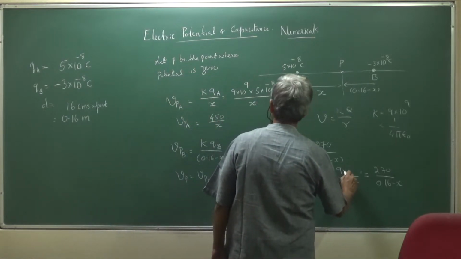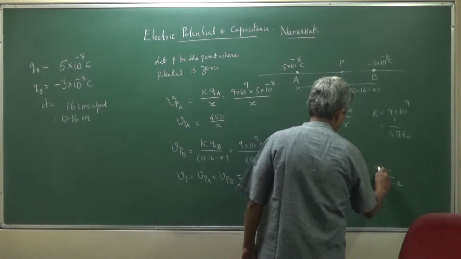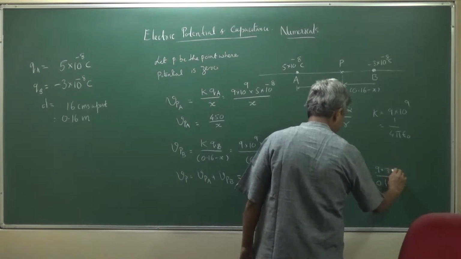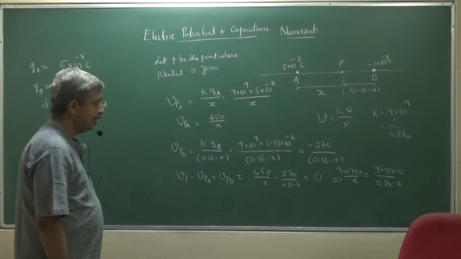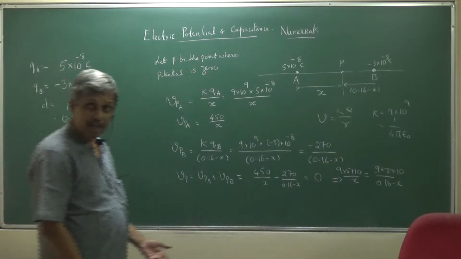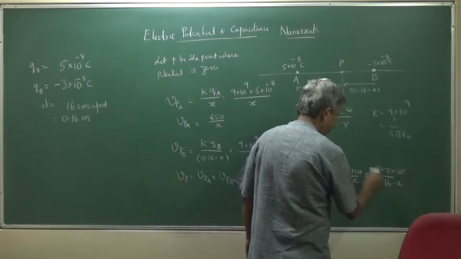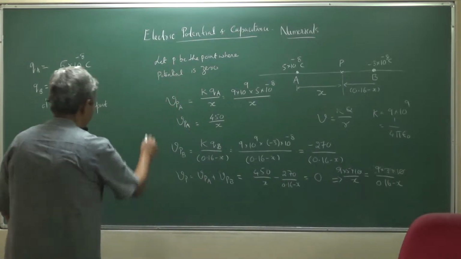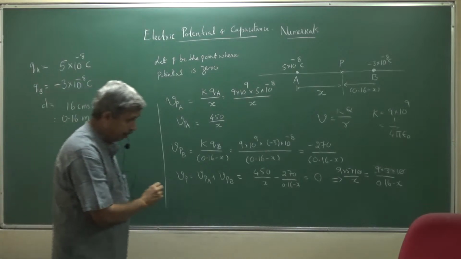9 into 5 into 10, whereas here it is 9 into 3 into 10. So now what happens, you can see that this 9 goes, this 10 goes, only 5 and 3 will remain. So this whole equation has now become simple.